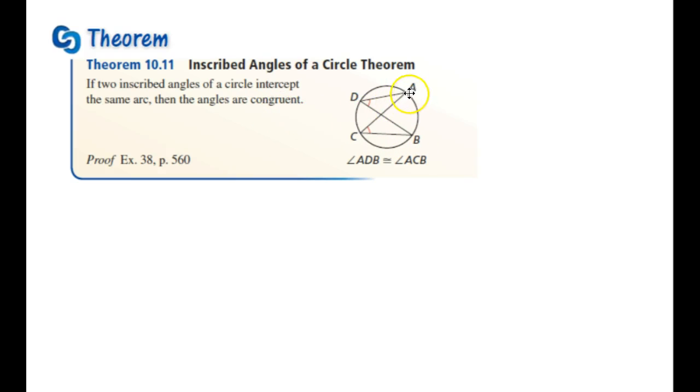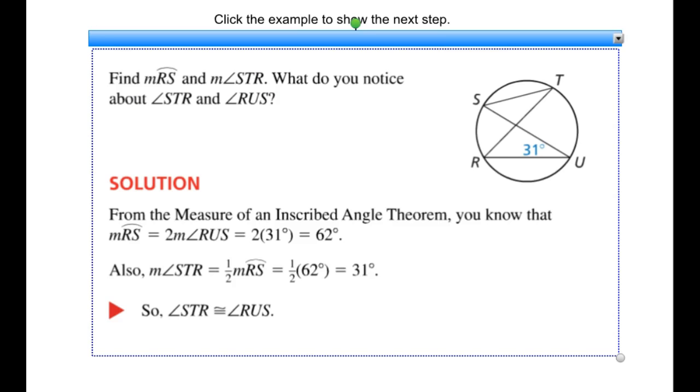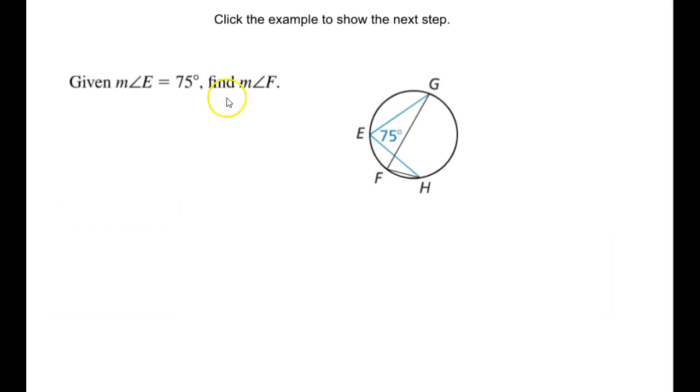Here you'll see that I have angle ADB and angle ACB. They're different angles because they land on different parts of my circle, but they are congruent because they have the same intercepted arc. And on this last example, we actually proved that and looked at the measurements of where this theorem comes from.